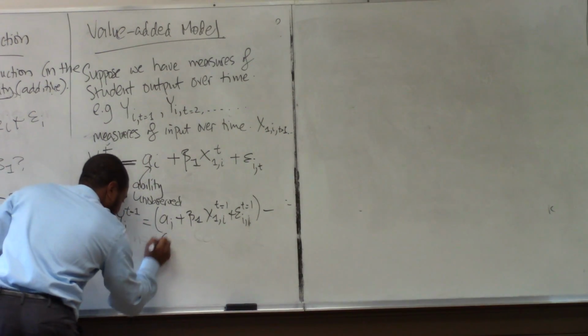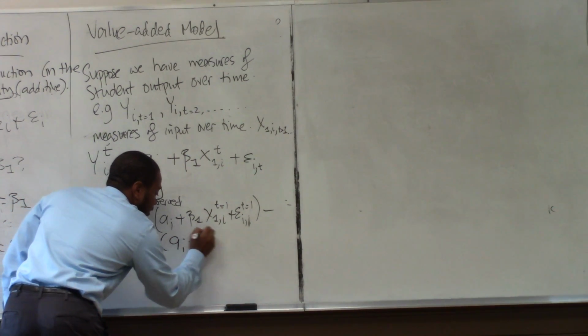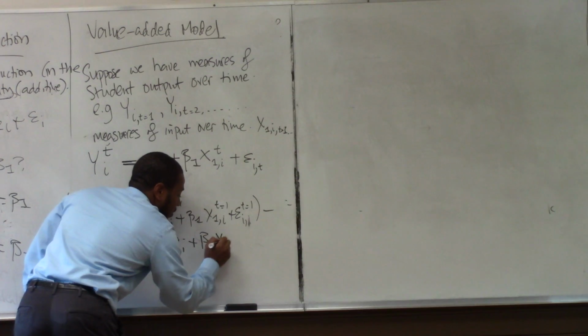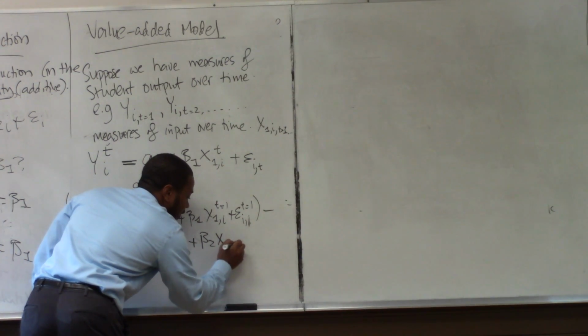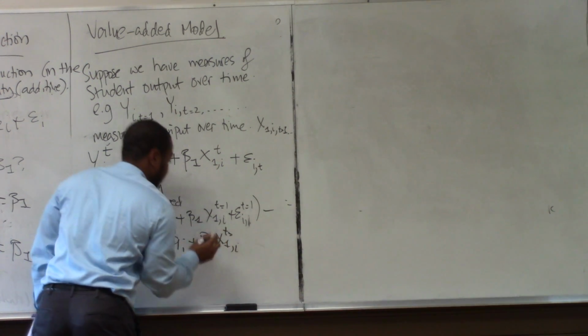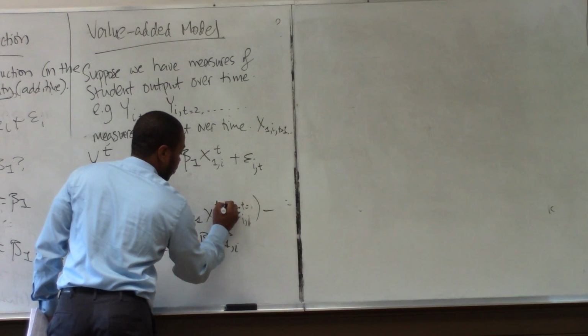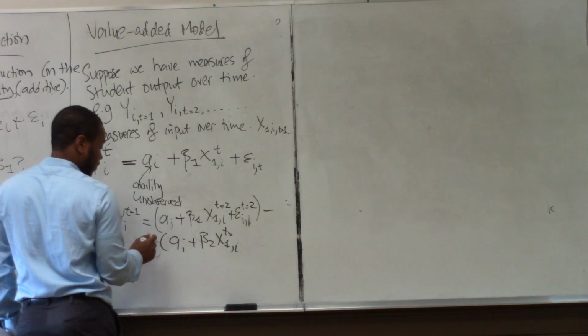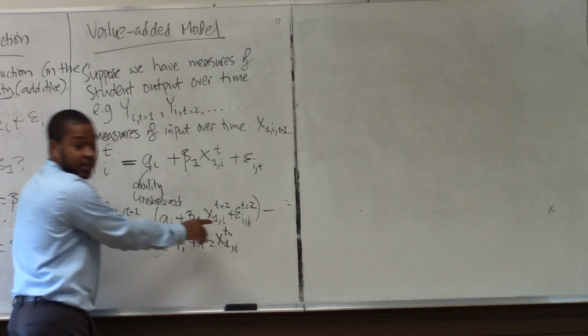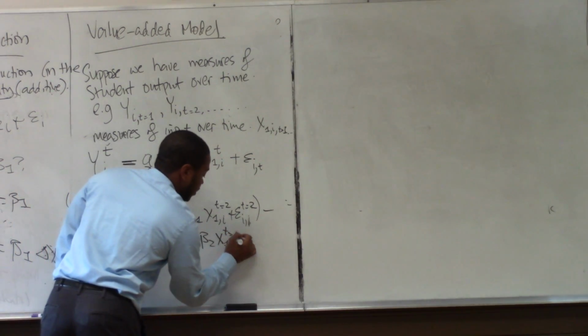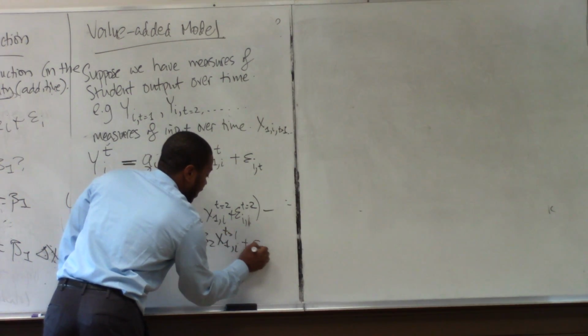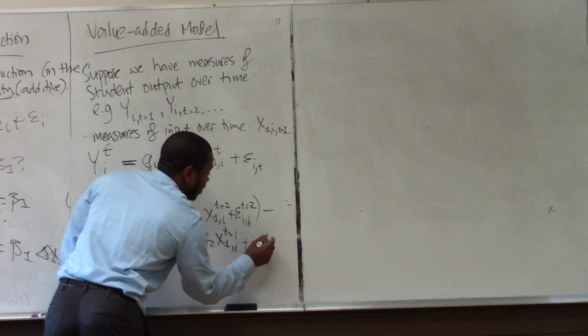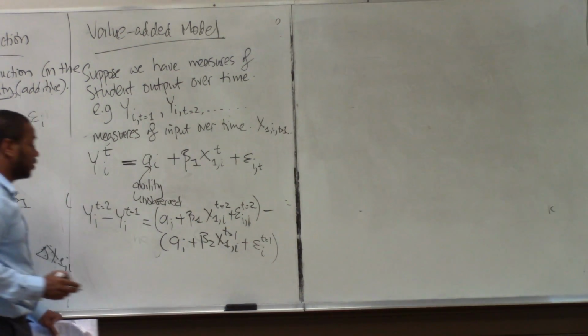Minus alpha i plus beta 2 x1 i, these indices are wrong, this should be 2, my apologies. This first index is time period 2, t equals 1, plus epsilon i at t equals 1.